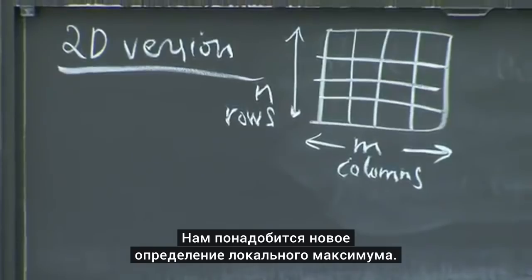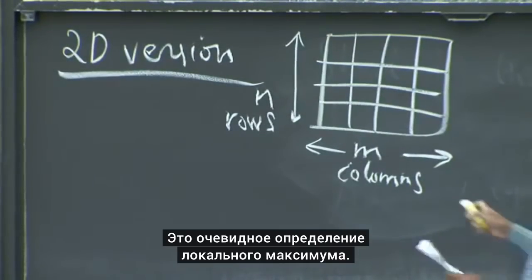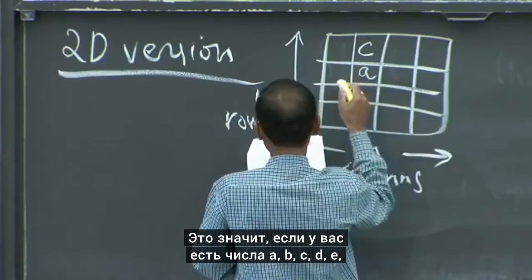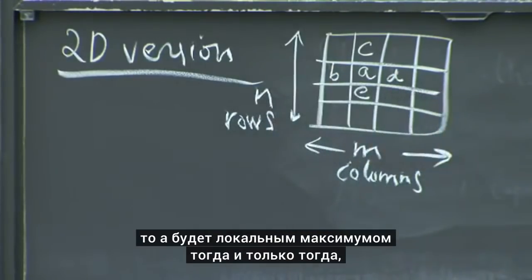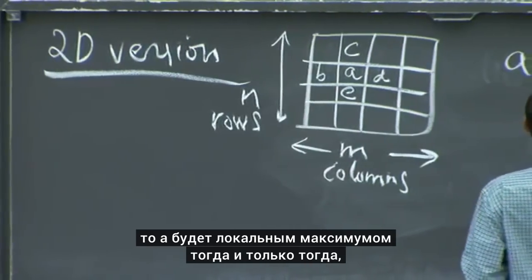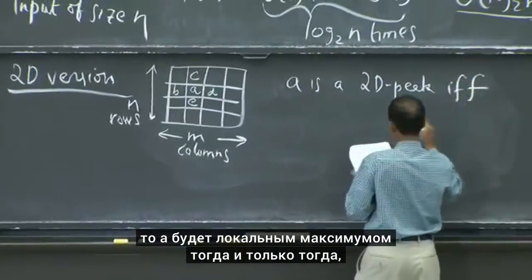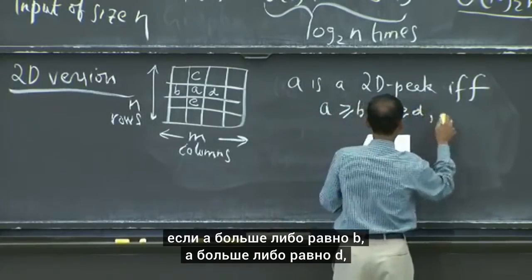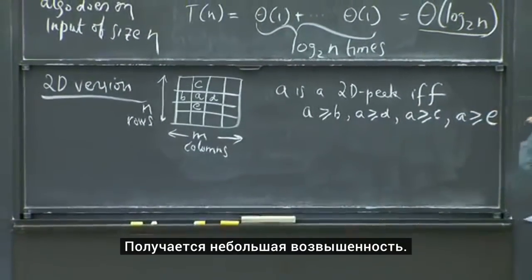And now we have to define what a peak is. And it's a hill. It's the obvious definition of a peak. So if you had A in here, with C, B, D, E around it, then as you can guess, A is a 2D peak if and only if A is greater than or equal to B, D, C, and E. Right, so it's a little hill up there.